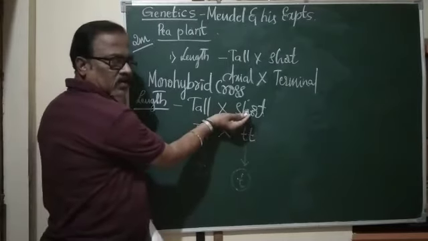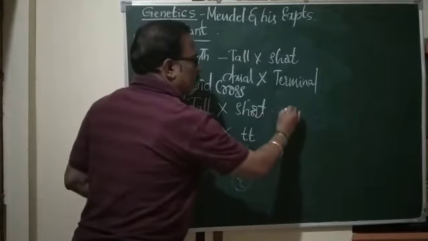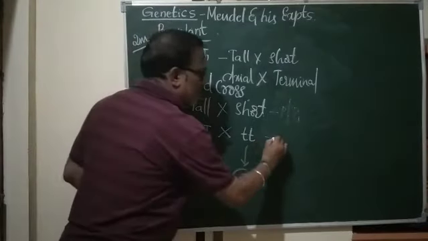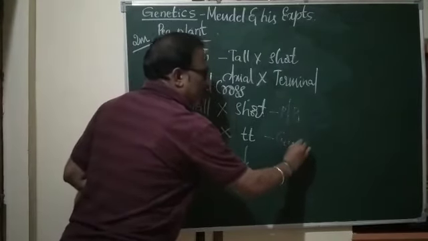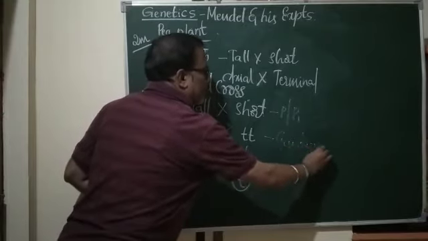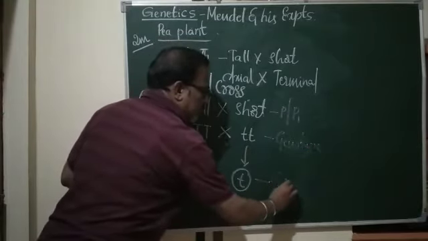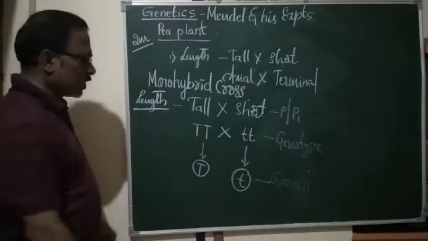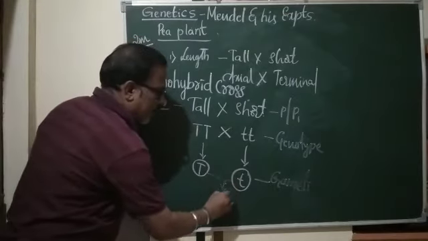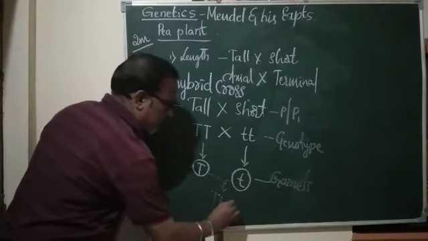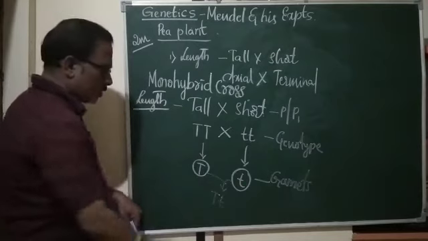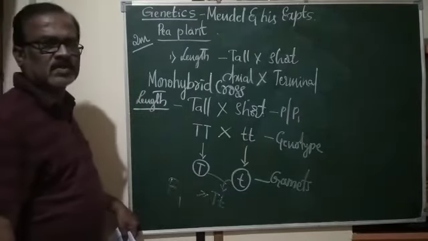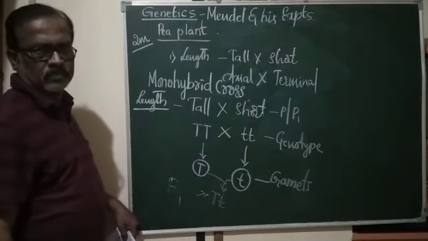This is the parental generation, represented by P or P1, and this is the genotype of the parents, and this is the gamete of the parents. By crossing these 2 gametes, we get the first generation with the genotype capital T, small t. This is called F1 generation, that is first filial generation.